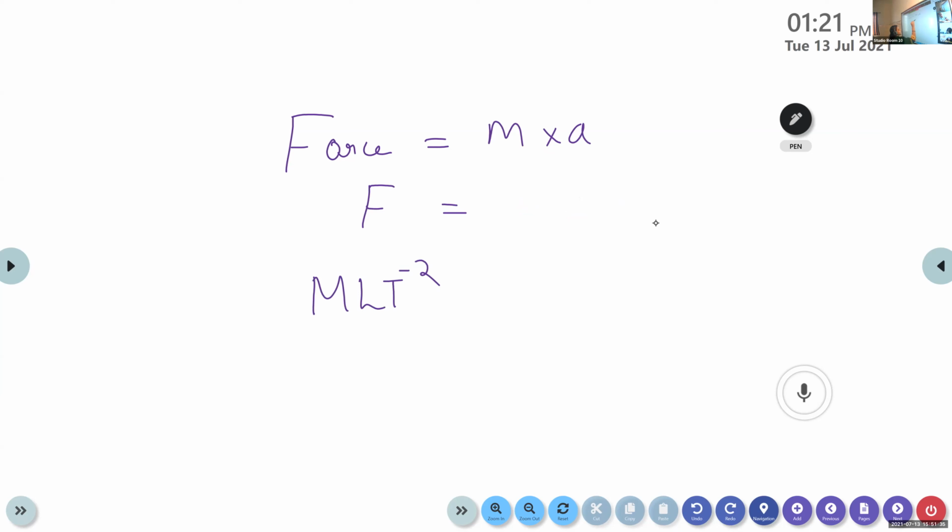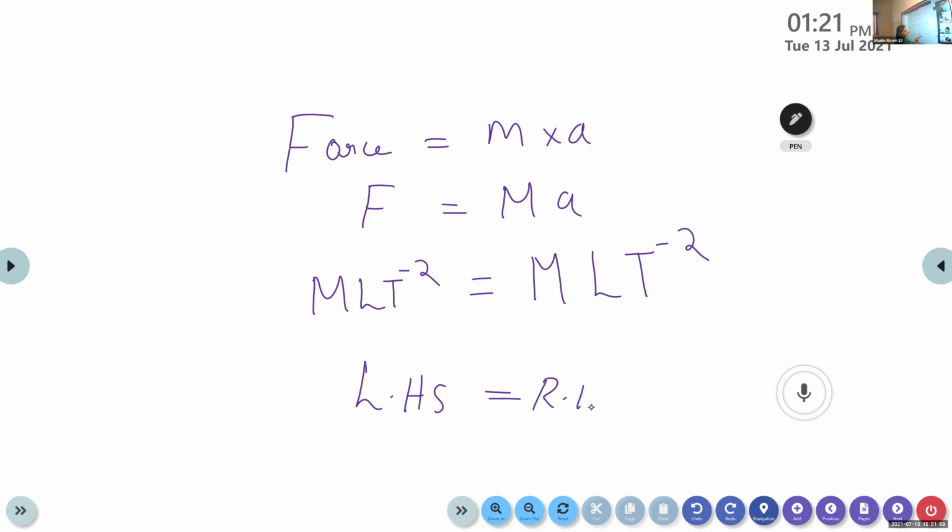Then what about the dimension on the right hand side? Here we have mass into acceleration. What is the dimension of mass? M. Dimension of acceleration? LT raised to minus 2. So here we can see the LHS is equal to the RHS.